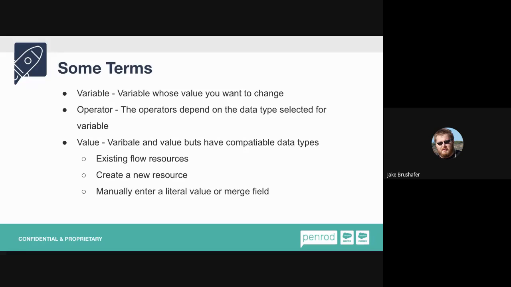You must have a compatible data type, so you can't update a number field with text. The value can be an existing flow resource, something that we use in the flow. We can create a new resource at this point, so we could create a formula field if you want. Or you can just manually enter a literal value or merge field. So when we do the assignment, we can just say I want it to equal 1 if it's a number field, and we can specify that.